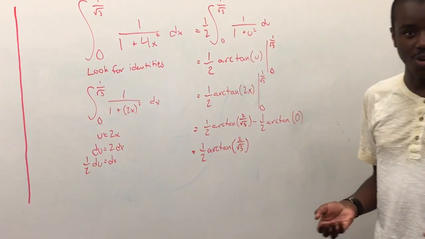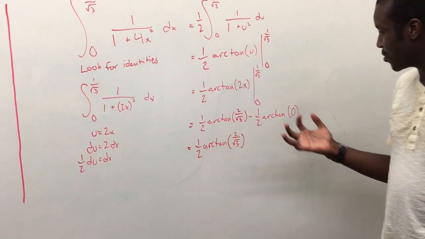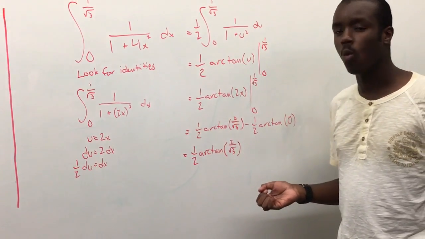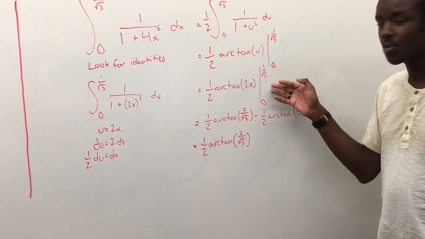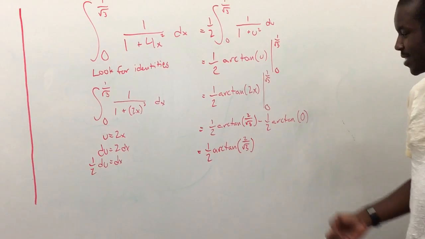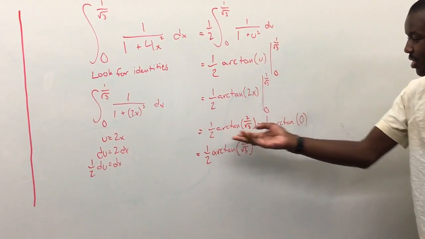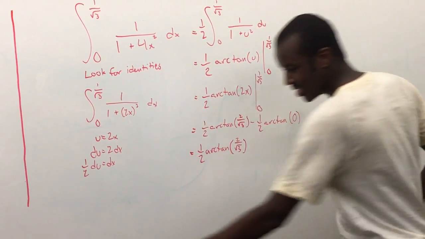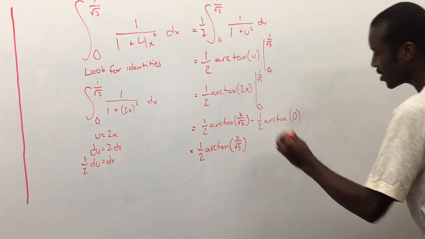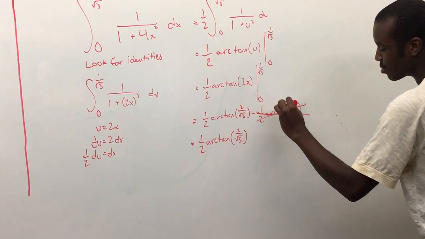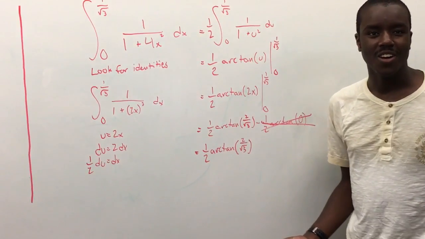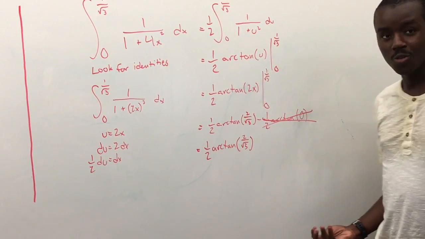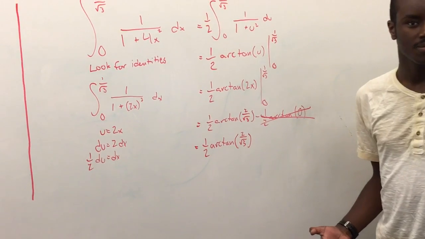And now we can substitute our u into this equation, and we get 1/2 of arctangent of 2x from 0 to 1 over the square root of 3. And when we do this out, this goes away because that expression equals 0. And our final answer is 1/2 of arctangent of 2 over the square root of 3.